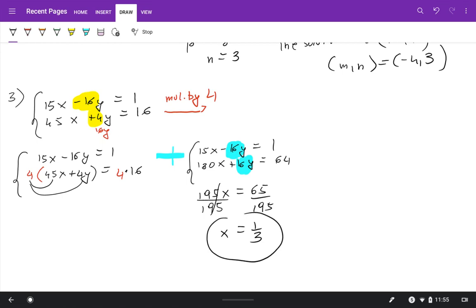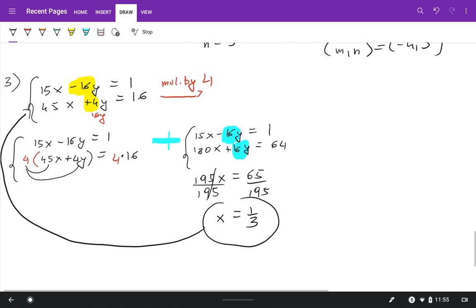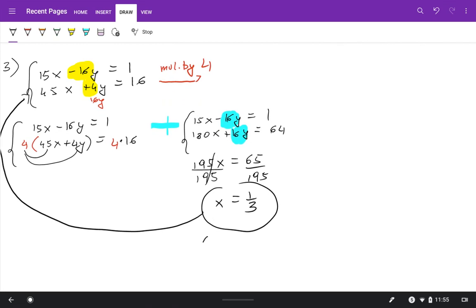So when we have x equal 1/3, now we still need to figure out what is y. And what I'm going to do, I'm going to pick equation 2 and replace x with 1/3 and solve that equation for y. So now I will go back to original equation 2 and solve for y.